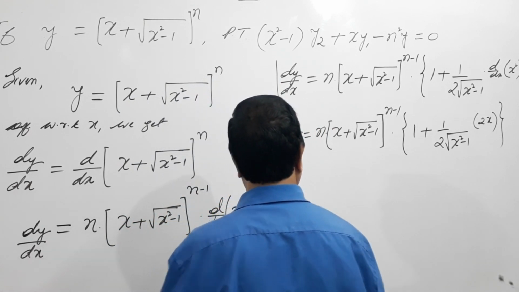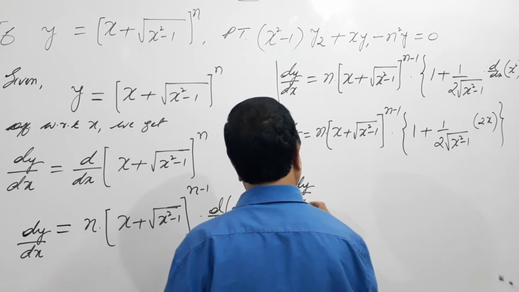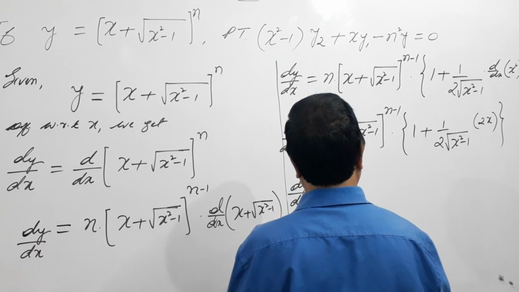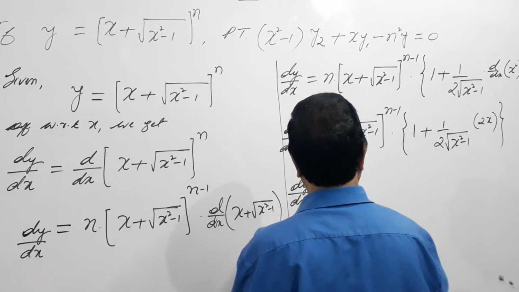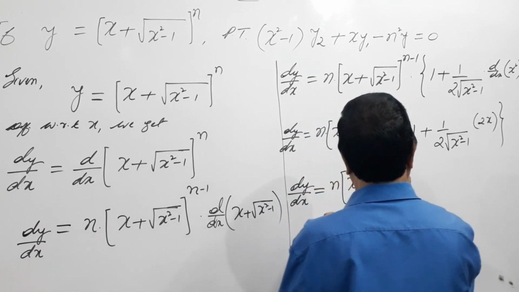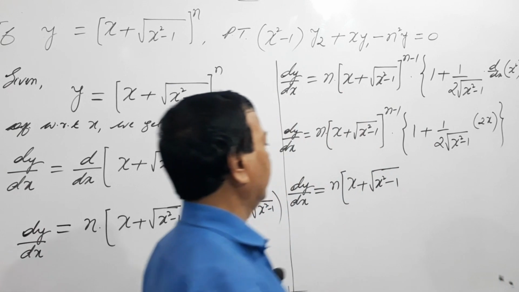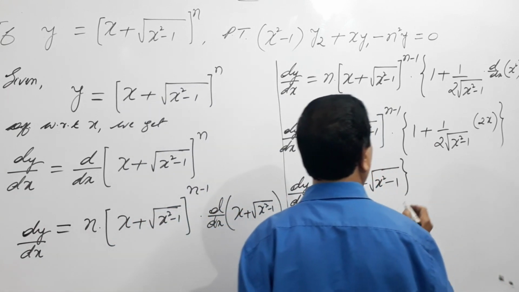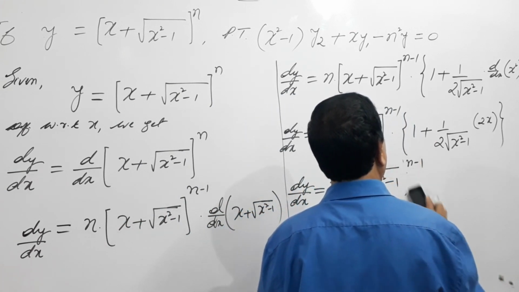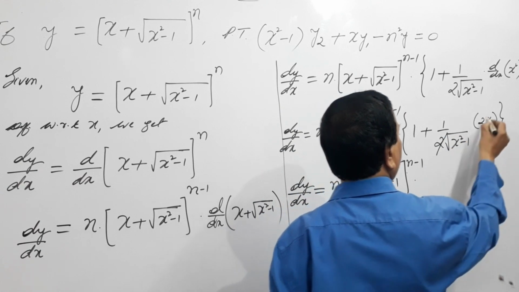So this is nothing but dy by dx equals n into (x plus under the root x square minus 1) to the power of n minus 1, in the square bracket, this 2 cancels.